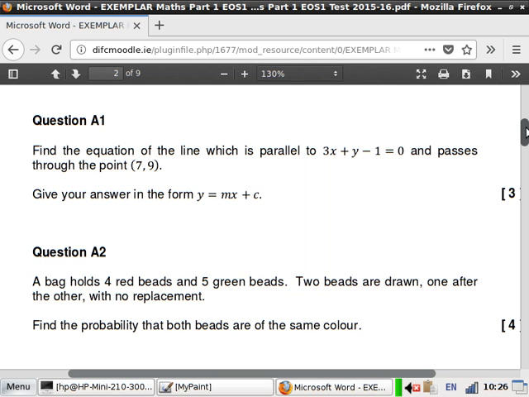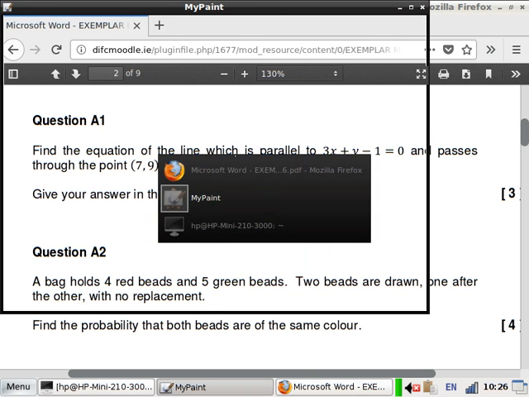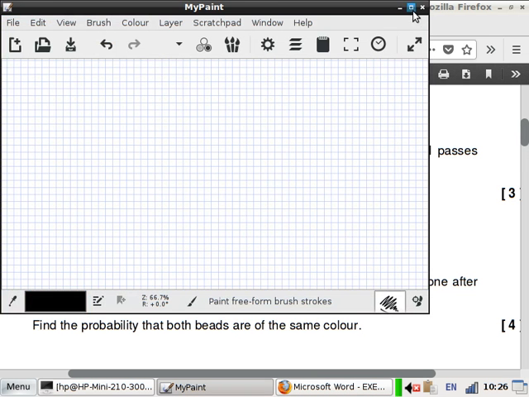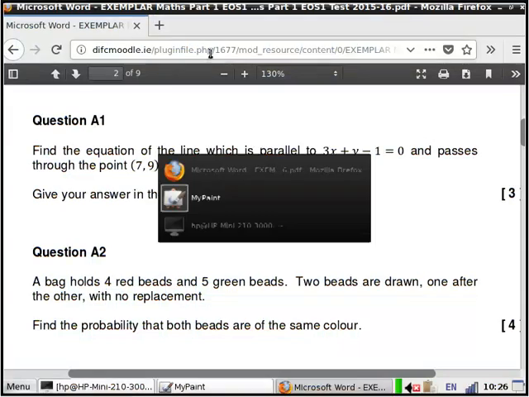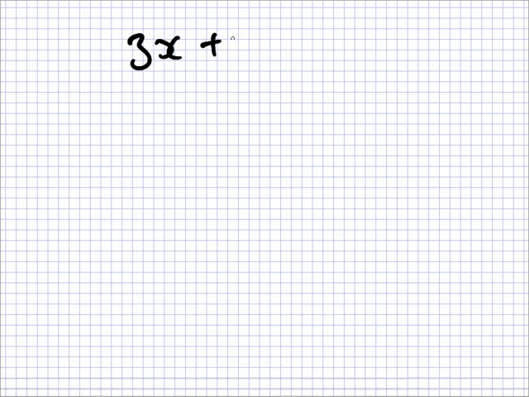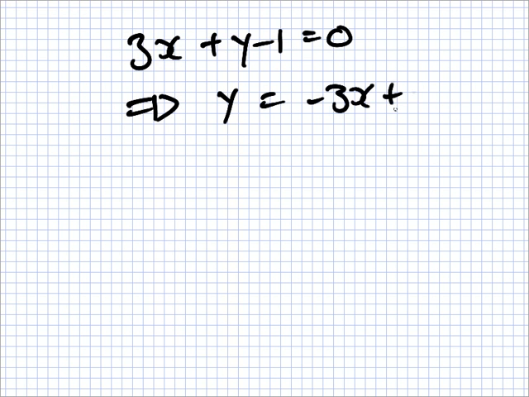So, what do we do first here? Find the m, and how do we do that? Well, we have 3x plus y minus 1 equals 0. So that means y equals minus 3x plus 1. So that means m equals minus 3.